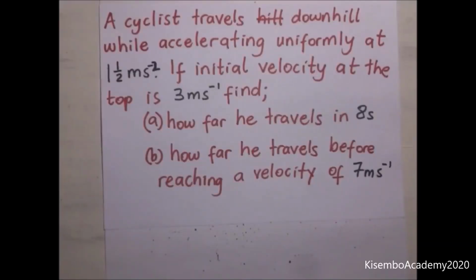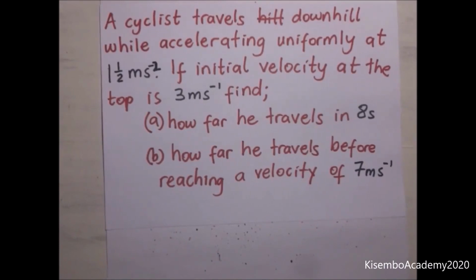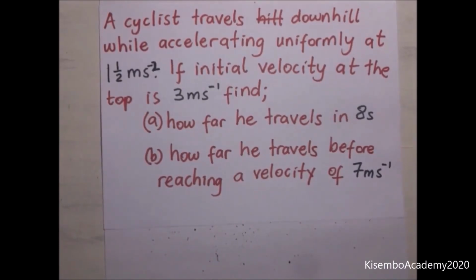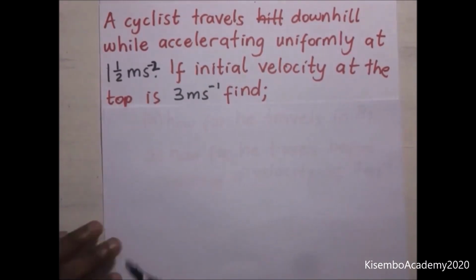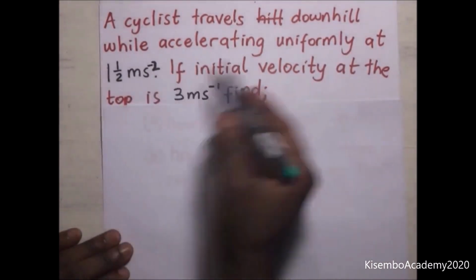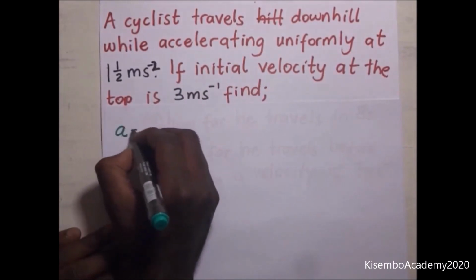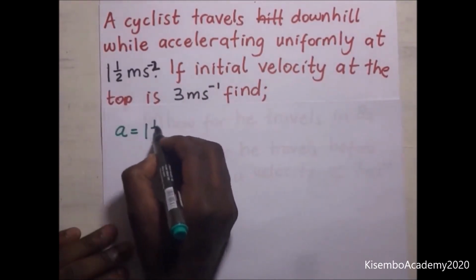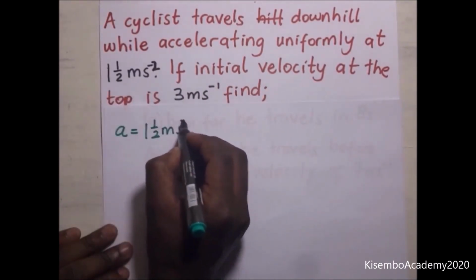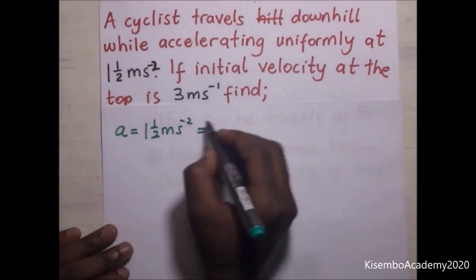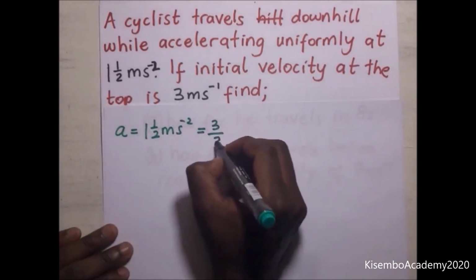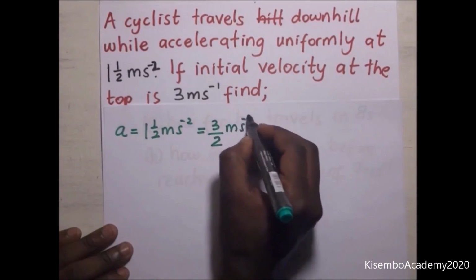A cyclist travels downhill while accelerating uniformly at 1.5 meters per second squared. If the initial velocity at the top is that, find how far he travels in 8 seconds. Again, to summarize this question, he's accelerating at this, so meaning that the acceleration there is 1.5 meters per second squared, which is the same as saying 3 over 2 meters per second squared.